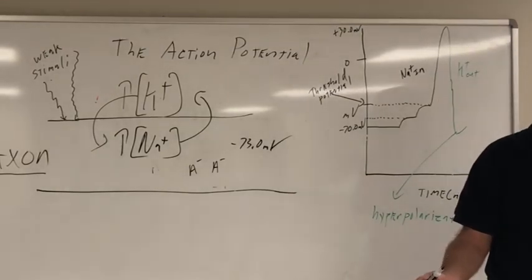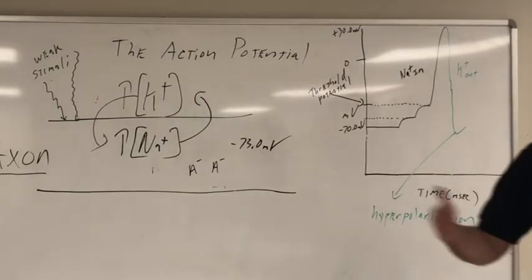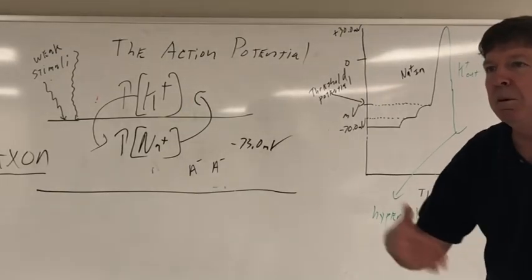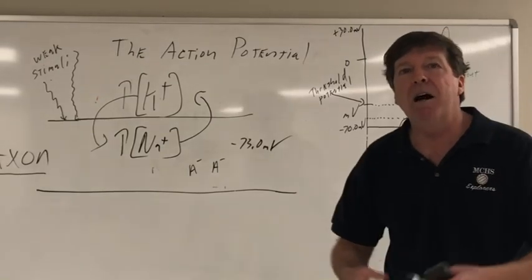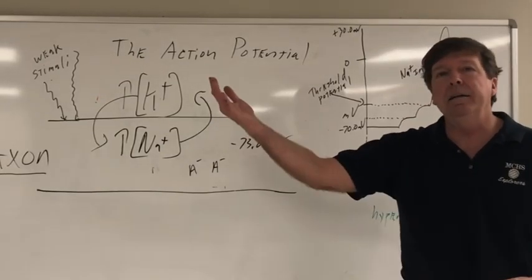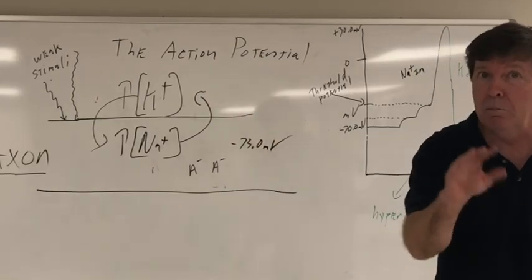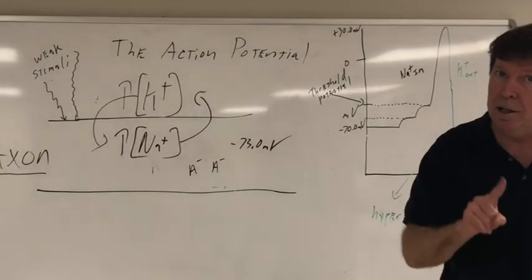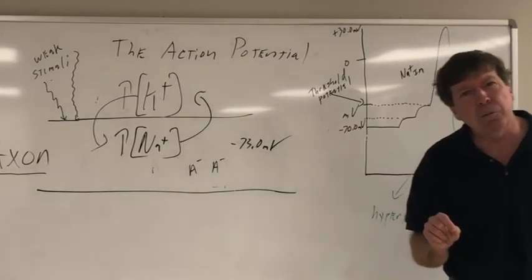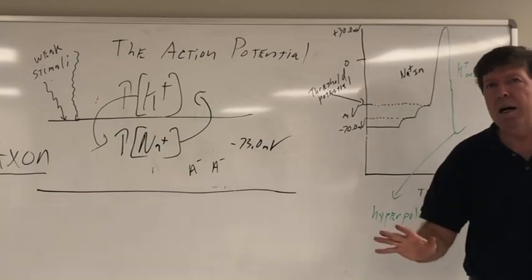Just to recap here, it never hurts to review. We talked about diffusion, movement from high to low. We could talk about facilitated diffusion, which is also movement from high to low. For example, glucose moves into cells by facilitated diffusion. That requires a carrier protein, but no cellular energy is required.